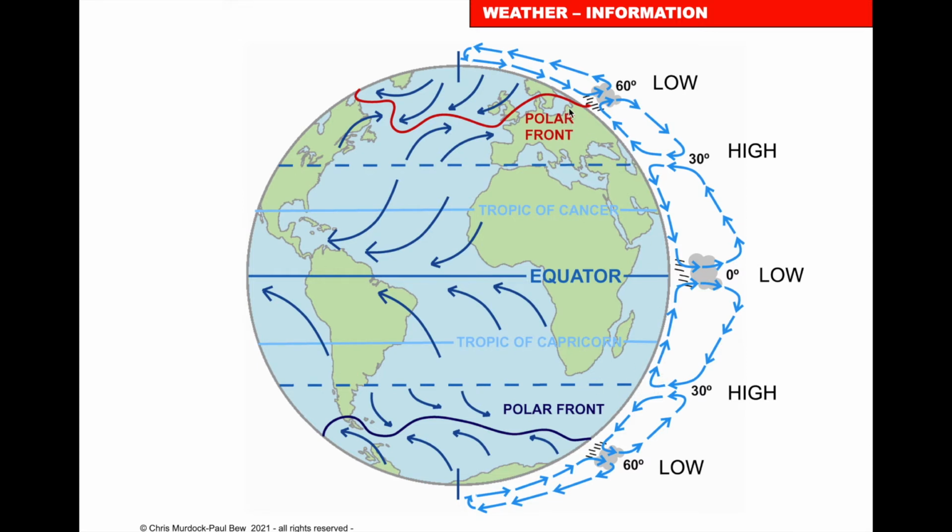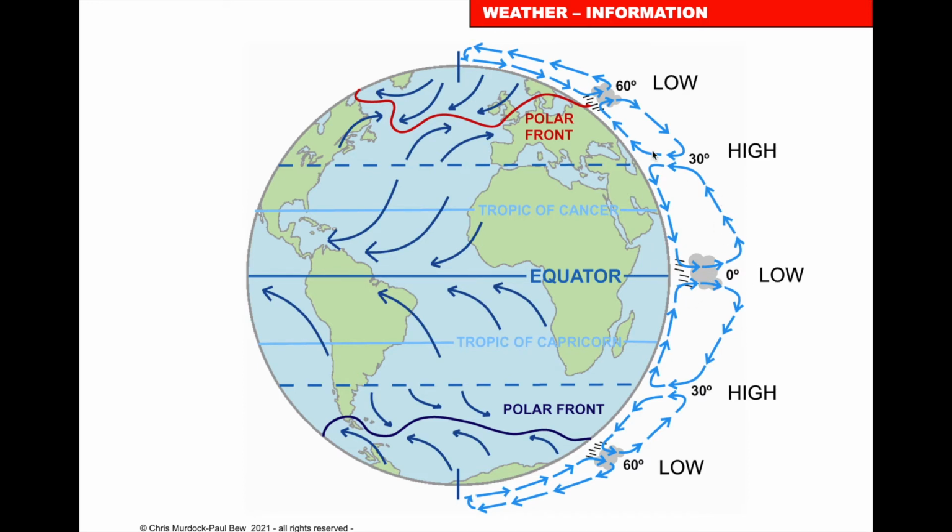And where the air rises, we get unstable, wet weather. This area between the polar cell and the Ferrel cell is known as the polar front, so we get wet and windy weather here. On the equator, with the bonfire effect, we'll get wet weather here and not a lot of wind because the air is rising straight up.